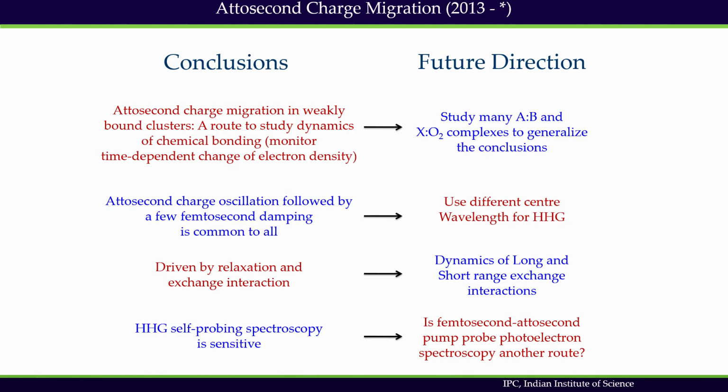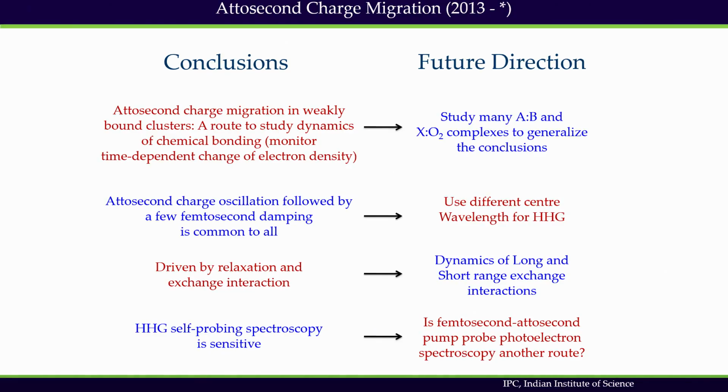So, with this there are many conclusions one can make, both from the theoretical work and the experimental work which we have done. The conclusions are the following: attosecond charge migration in weakly bound clusters is a route to study the dynamics of chemical bonding. We can monitor the time dependent change of electron density.